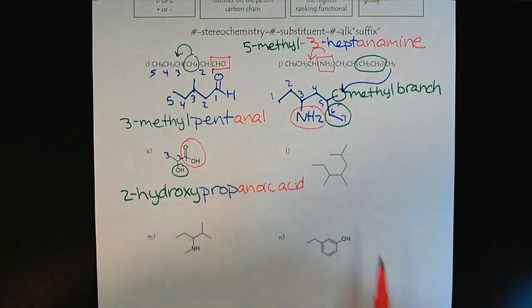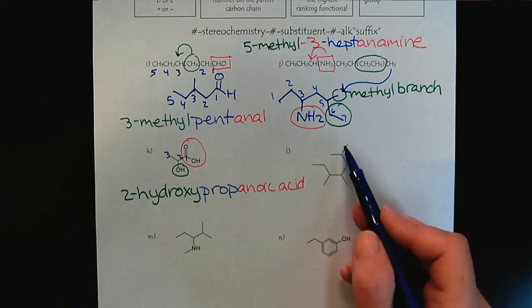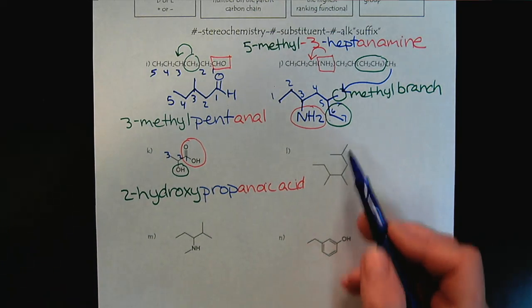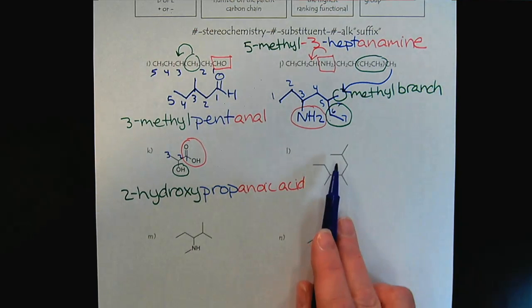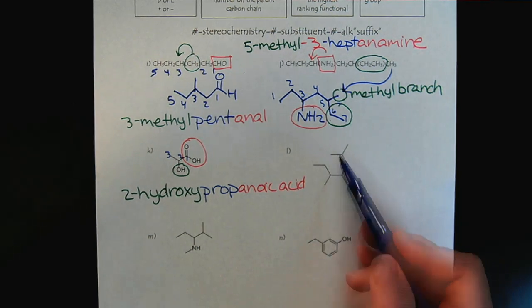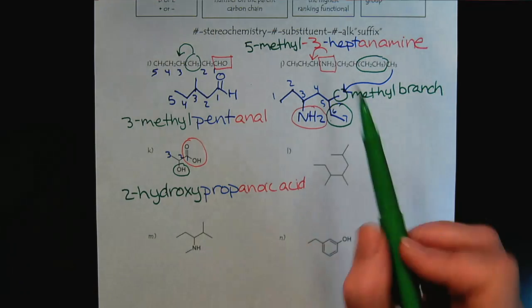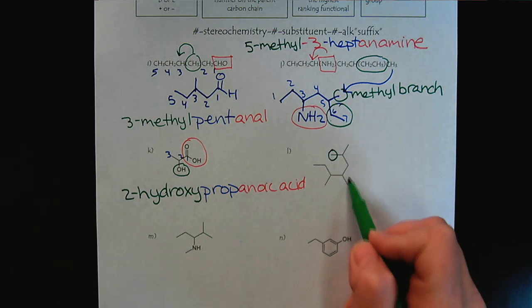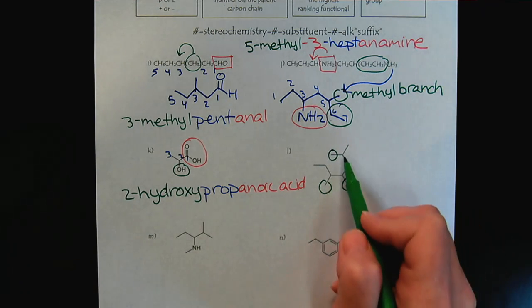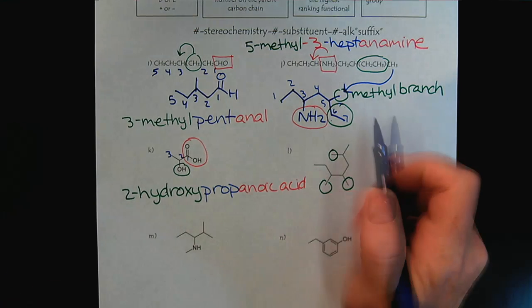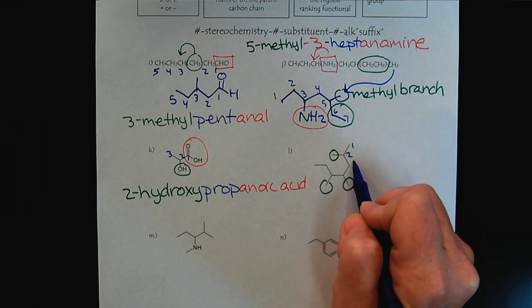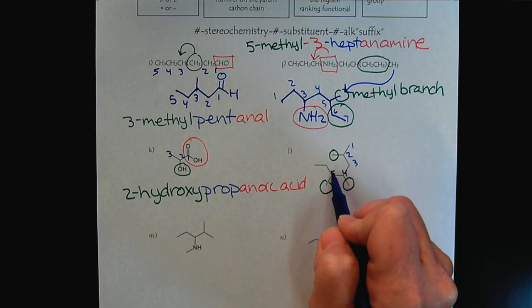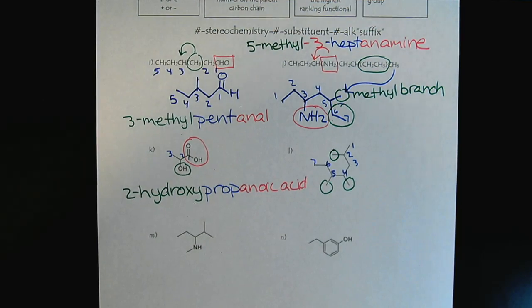Here we're back to a hydrocarbon, just a little stroll down memory lane. Remember that as we look for the longest continuous carbon chain, we want to put the first branch at the lowest possible number. So we can see that there's a branch here, here, and here. So this branch is the closest to the end, so we're going to number this chain in this fashion.